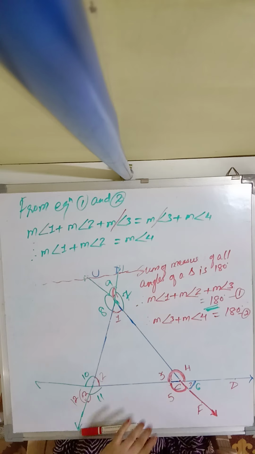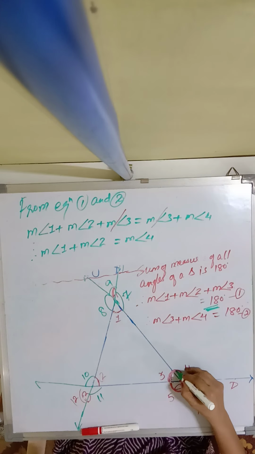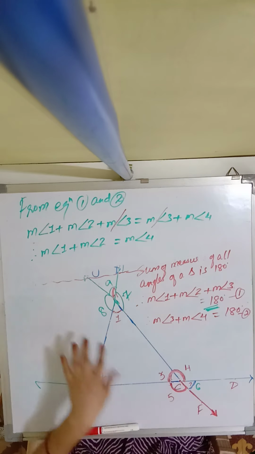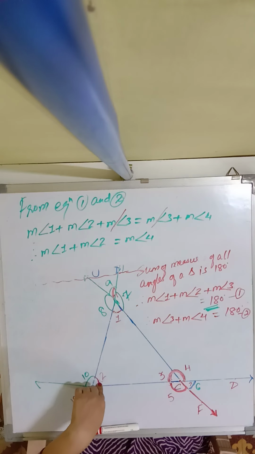That means the measure of this angle 4 is equal to the measure of angle 1 plus angle 2. Understood, children?